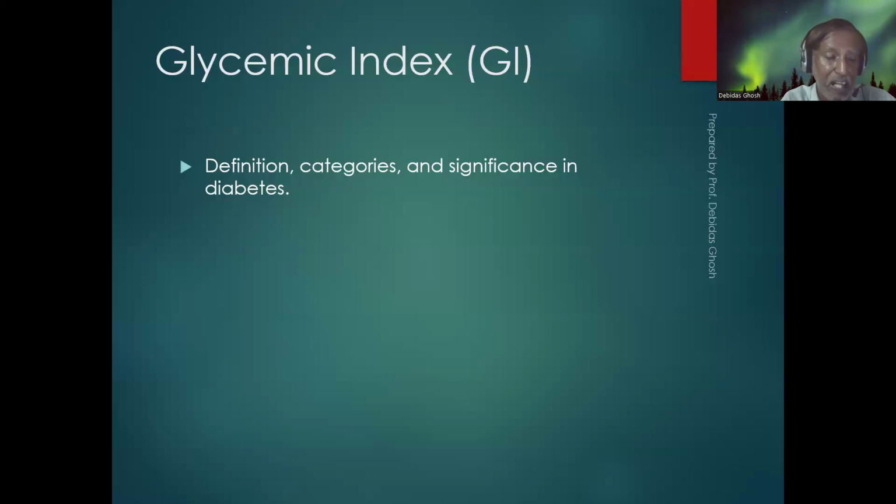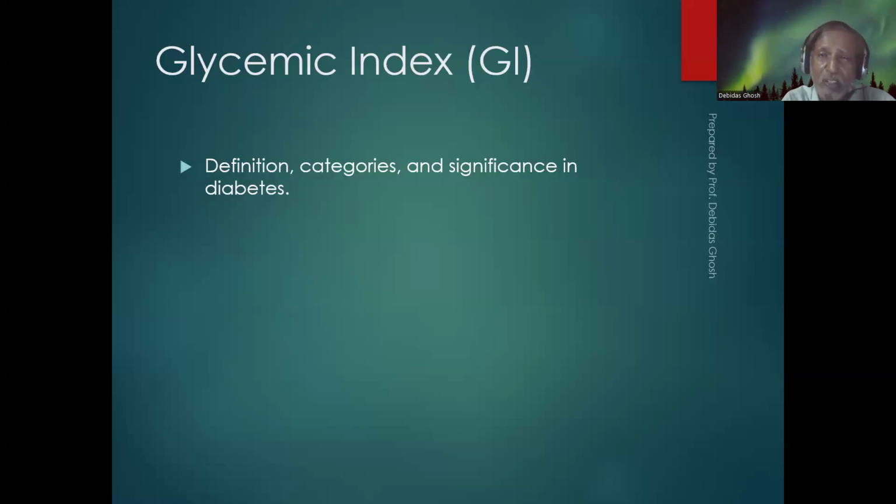And if it is more than 70, it is known as high glycemic index. As for example, apple and lentils are low glycemic index foodstuffs, whereas white bread is a high glycemic index foodstuff. So in our diet, we exclude high glycemic index foods and include low glycemic index foods.